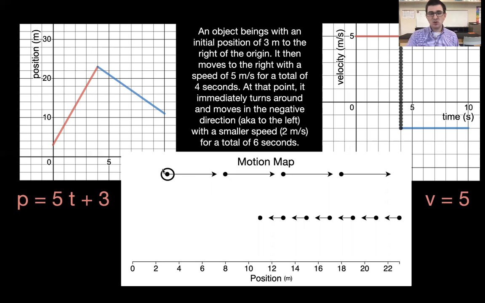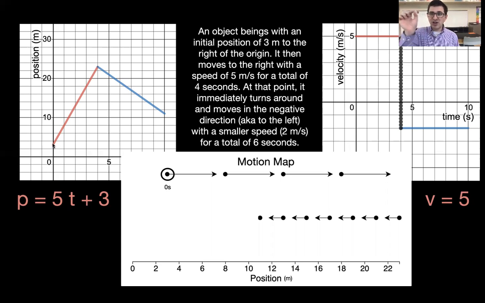These little dots represent the position at a bunch of different times. So down here, you can see the position, and this little dot, you'll notice, is at 3 meters, which corresponds to, it's circled, which represents 0 seconds. So 0 seconds, the position is 3 meters, which corresponds to our position versus time graph.